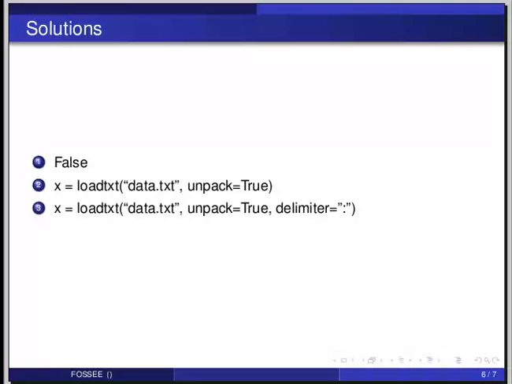That is, x is equal to loadtxt within brackets and in double quotes data.txt, comma, unpack is equal to true, comma, delimiter is equal to within double quotes semicolon.